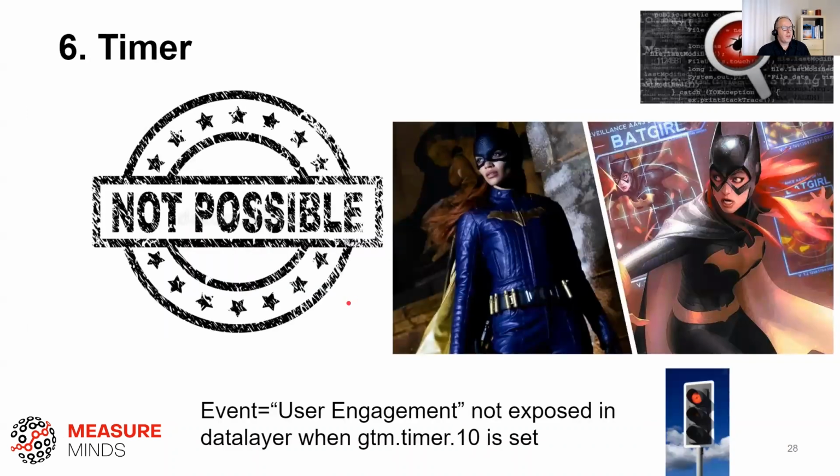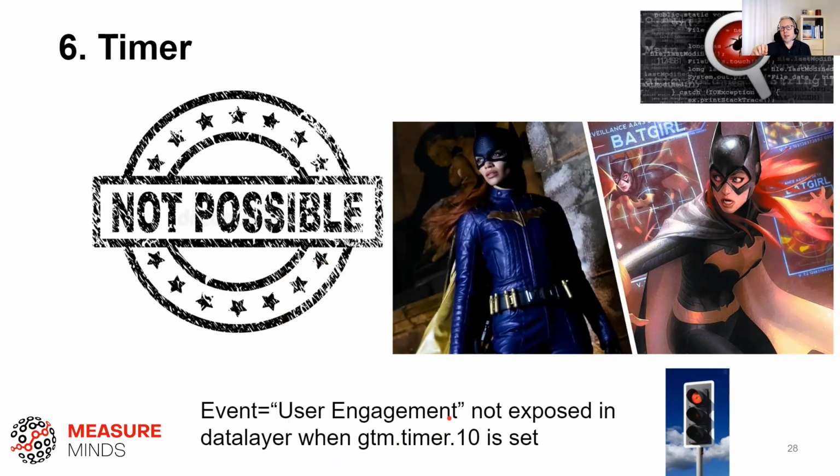And then also for the timer, there is the 10-second timer in GA4. So it's 10 seconds plus a second event, like a next page or a closed tab. Unfortunately, though, when you do an engagement event or a user engagement event for this 10 seconds, it's not pushed into the data layer.